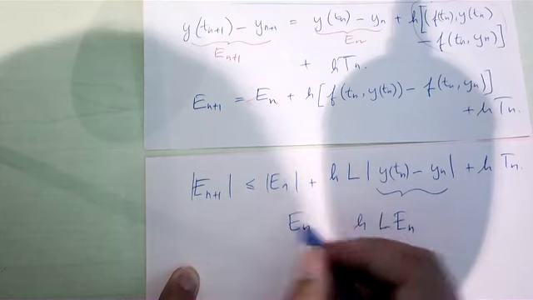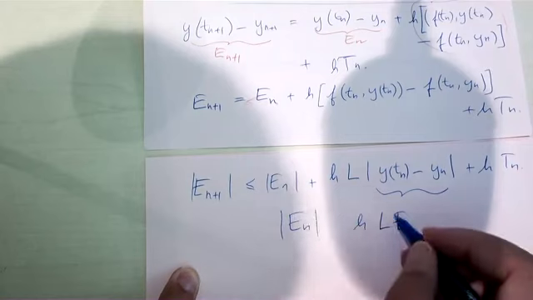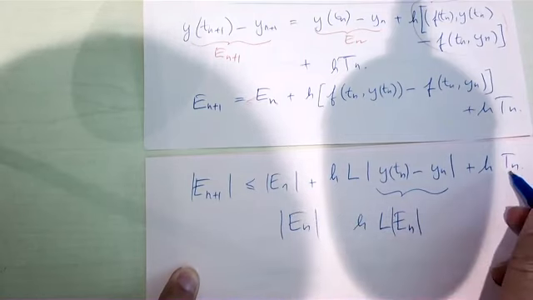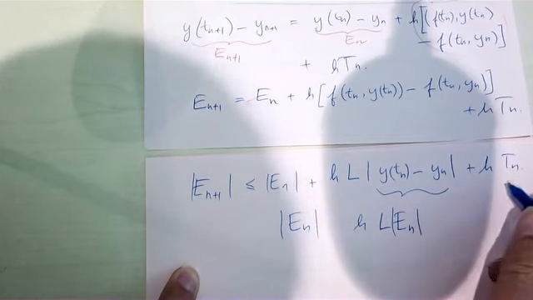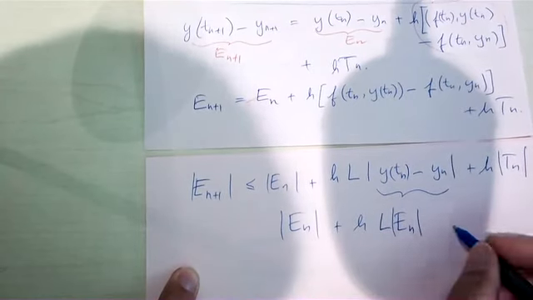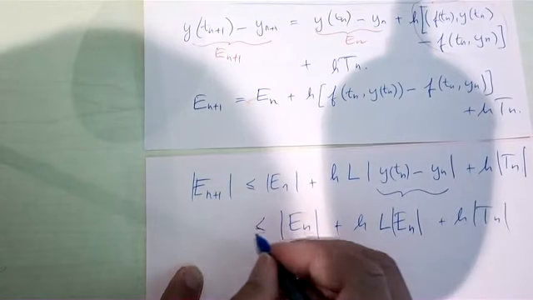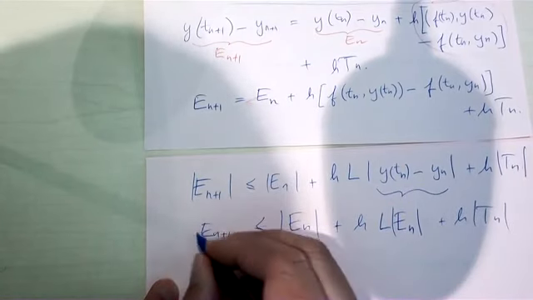And because we don't know whether en is positive or not, it could be negative, so just put absolute value. Yeah.